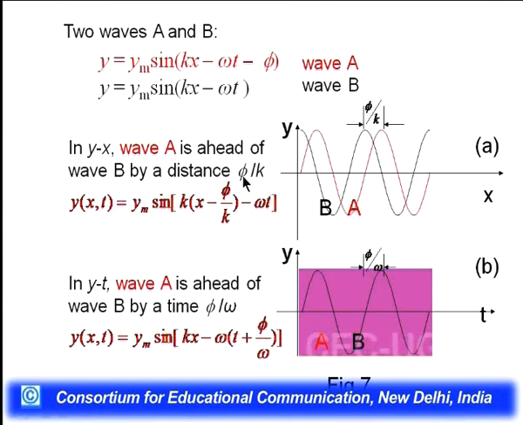This is the distance and this is the time. If it is ahead by phi by omega, then the equation becomes y(x,t) equals ym sin(kx minus omega(t plus phi by omega)). This is the propagation constant and this is the angular frequency. Wave A can be defined either in terms of distance or in terms of time.